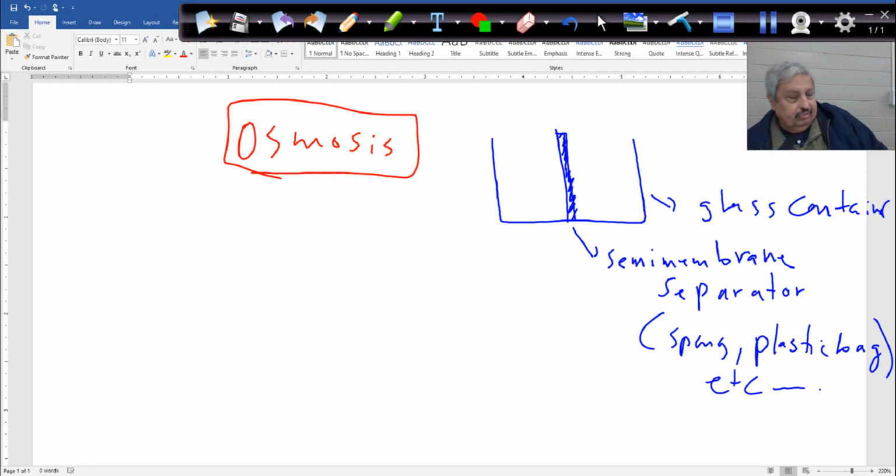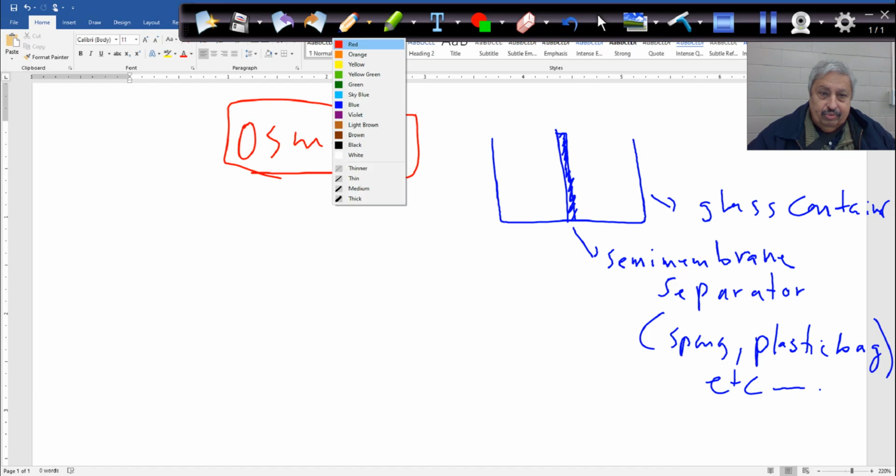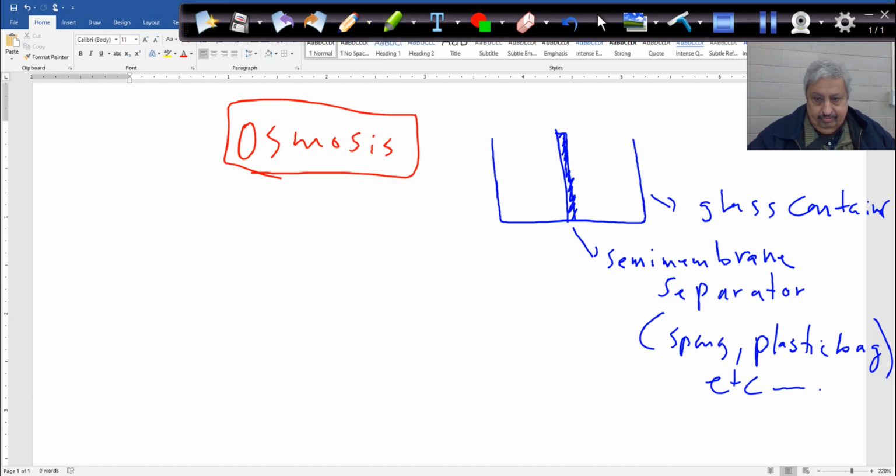We can use one of those. It depends what type of sponge, but it does have small tiny holes. It depends on those plastic bags or sponges, how many nanometers their holes are. So now we'll fill this one here with H2O, correct?